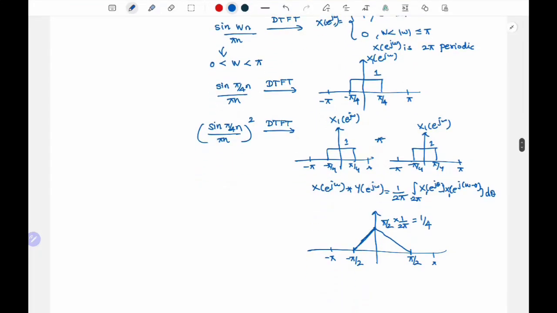So this will be my DTFT of (sin(pi n by 4) by pi n) whole square. So by now you should be thorough with this type of convolutions. If you are not thorough or still have questions, please refer back to my previous videos.